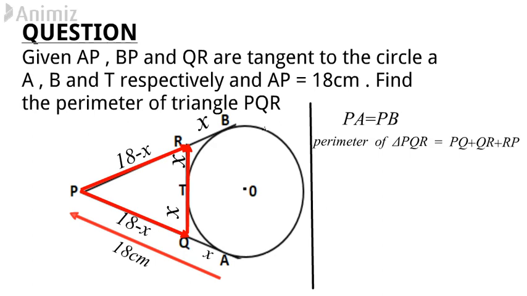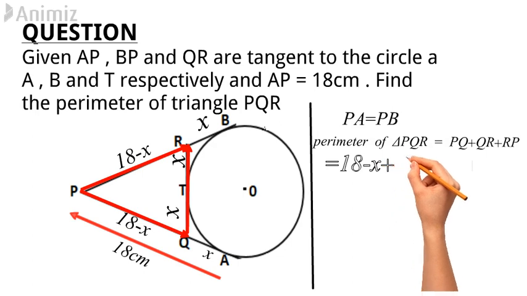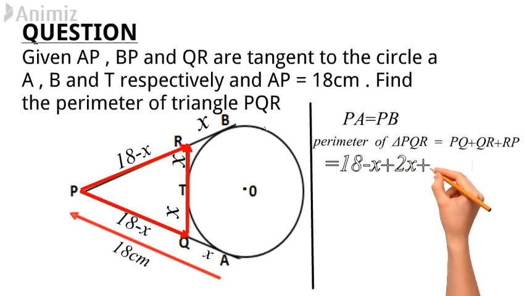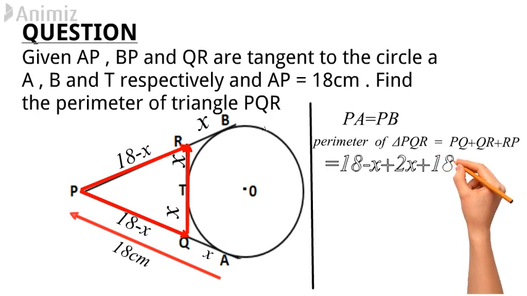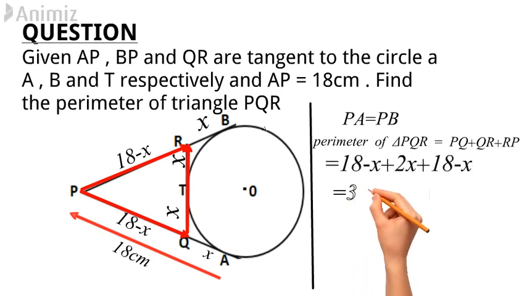So from our figure, what is distance PQ? We can see it's 18 minus x, right? And what's the distance for QR? It is x plus x, which is 2x, okay, plus RP. RP is also 18 minus x. So we further simplify. 18 plus 18 we know is 36.